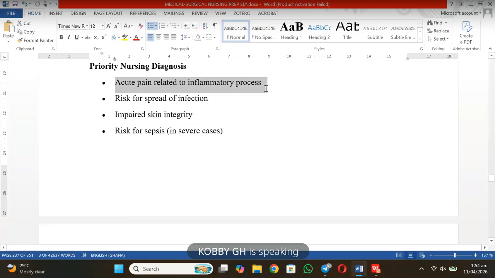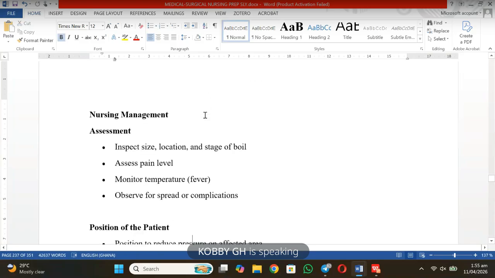Acute pain or impaired skin integrity. If you have the two in the question, go in for the acute pain. That's the priority nursing diagnosis when you are caring for a patient with these conditions.